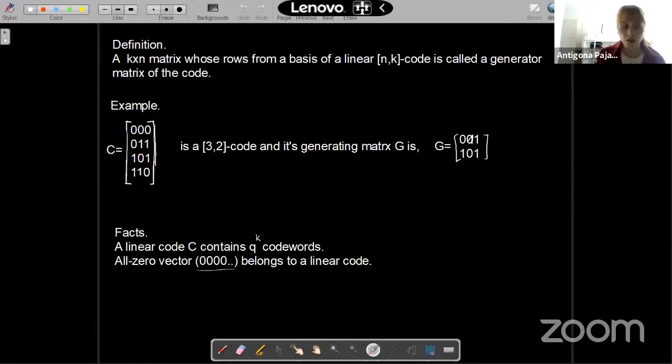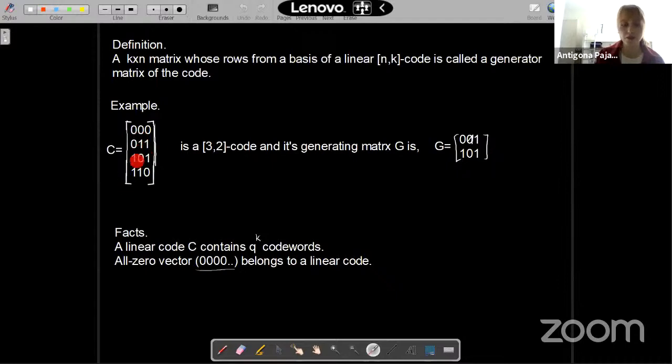Why not the third one? Because when you add the second and the third, it will give you the fourth code word. And if you add the second, third, and fourth, it will give you the first code word. So the generator matrix would be a 2 by 3 matrix.